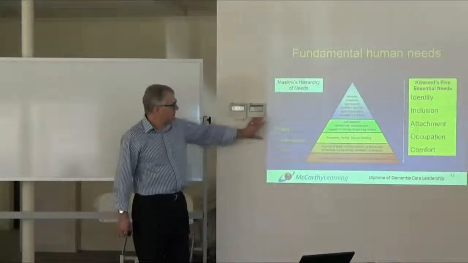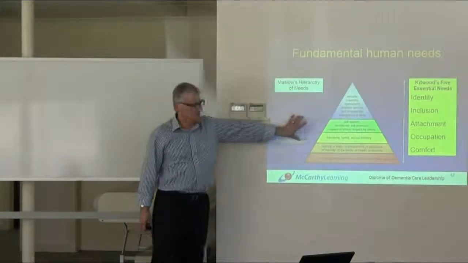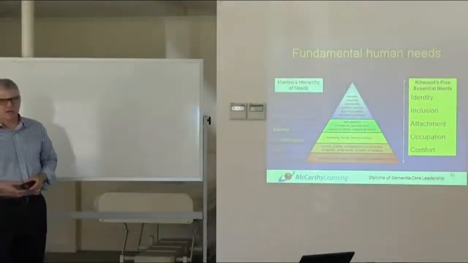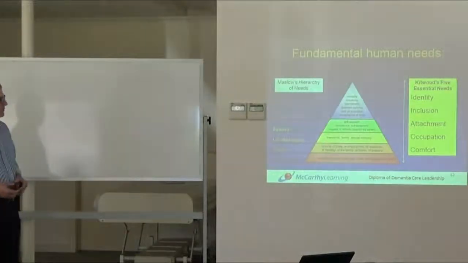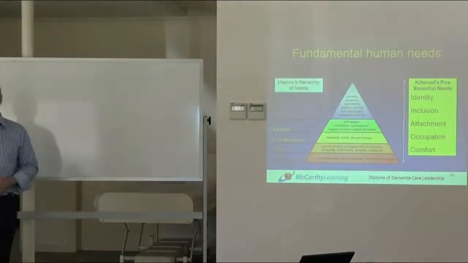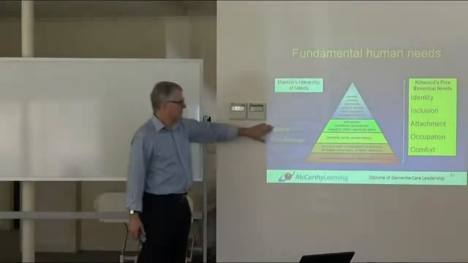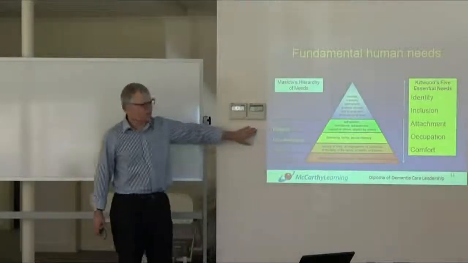But we need to also be interested in these other levels of love and belonging, feeling like you are safe with people who have affection for you and to whom you can belong. People who respect and value you. This is the esteem needs.